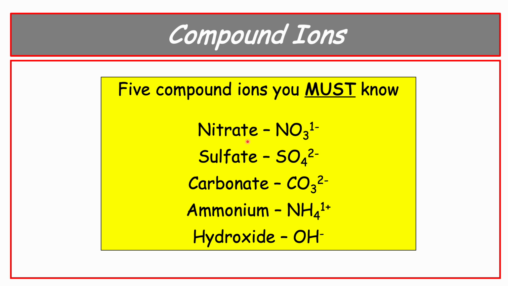So starting with nitrate, we've got NO3, 1-, sulfate, SO4, 2-, carbonate, CO3, 2-, ammonium is NH4, 1+, and hydroxide is OH, 1-.